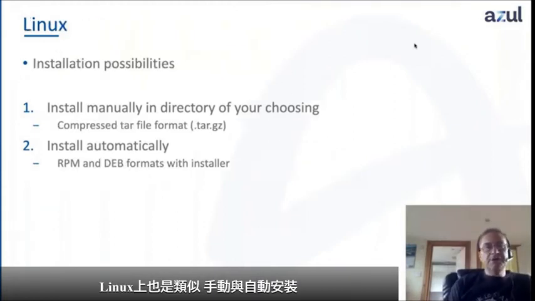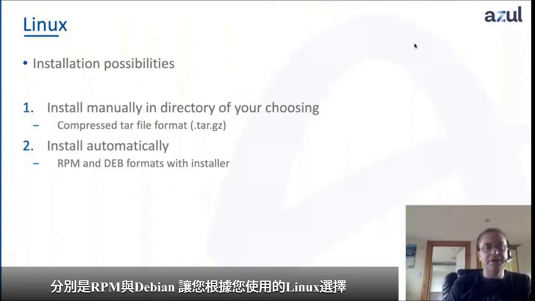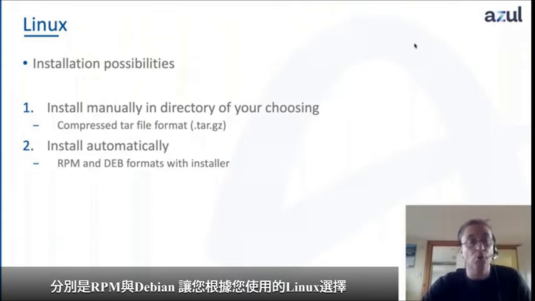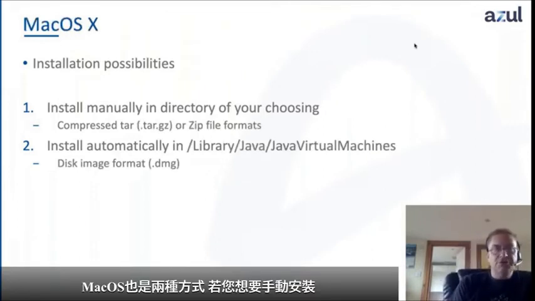Linux, similar kind of thing. There are two different possibilities there: manual install, or for the automated install, there are two different files that come with installers. There's either the RPM file or the Debian file, depending on which distribution of Linux you're using. Then you can make use of either or both of those depending on which one you want to use. macOS, again, two different ways of doing it.